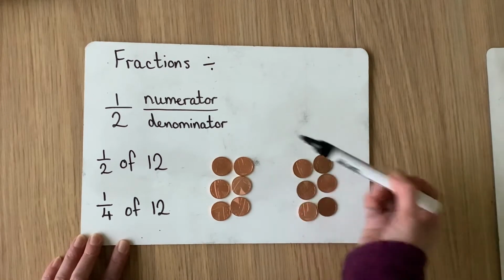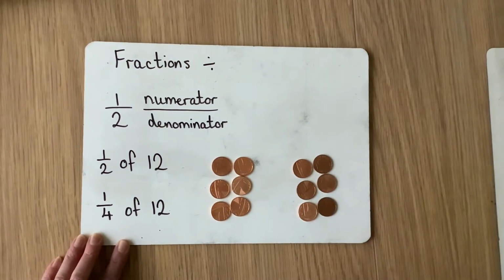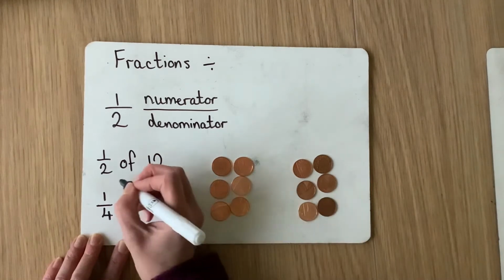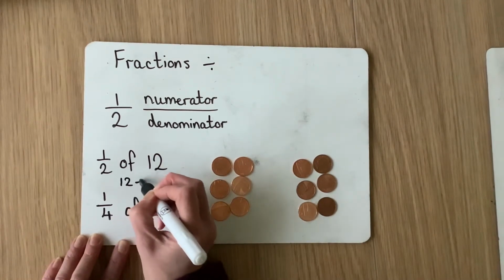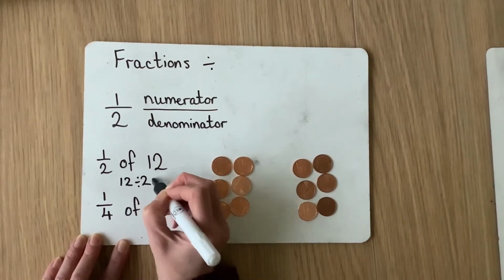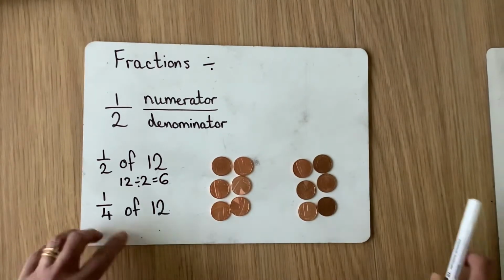I've got 2, 4, 6 in that group, 2, 4, 6 in that group. So what I've done is I've done 12 and I've divided it by 2, and 12 divided by 2 is 6.